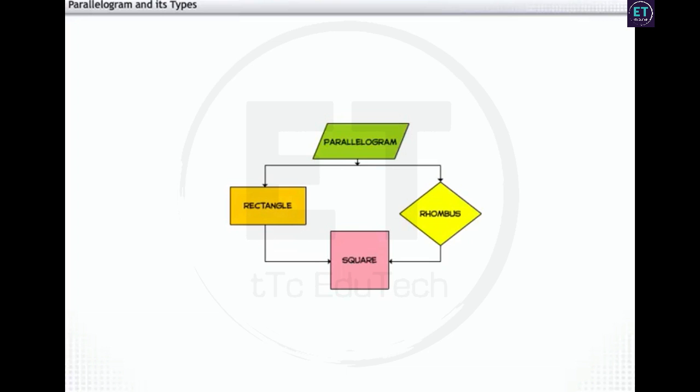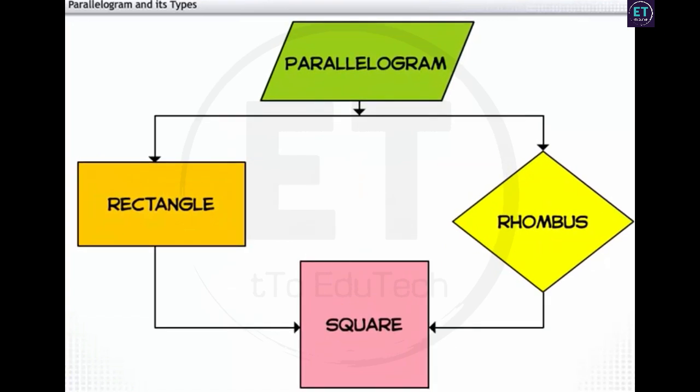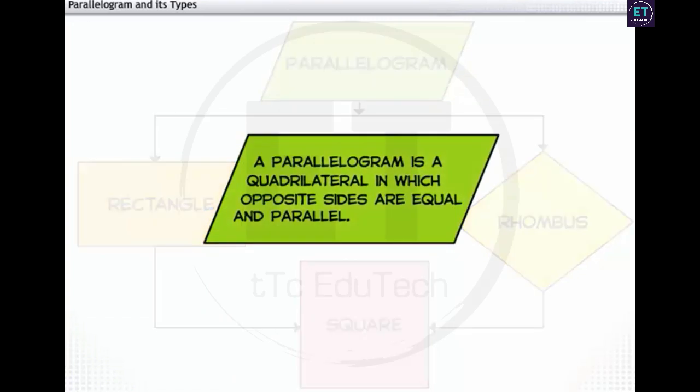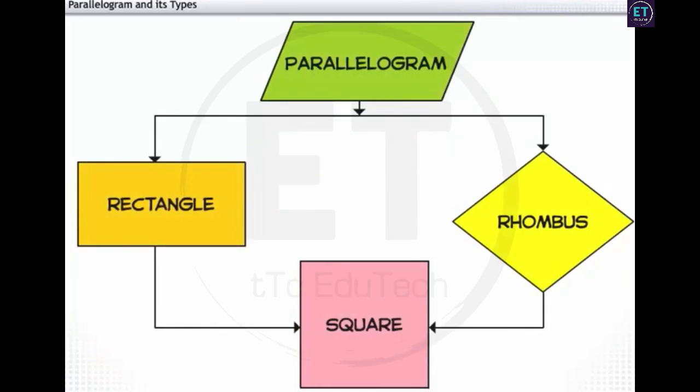Let's first quickly recapitulate about parallelograms and their types. A parallelogram is a quadrilateral in which opposite sides are equal and parallel. Rectangles, rhombuses and squares are all different types of parallelograms.